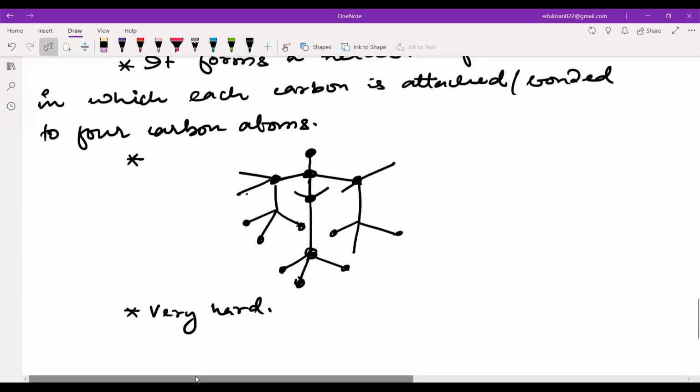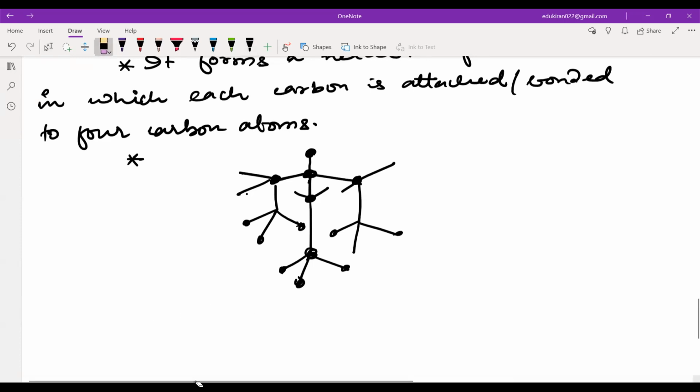Did somebody say something? Sir, I was asking whether the carbon bonds will be packed. Packed, meaning what? Like linked to each other, starting from one point and coming back to it again.